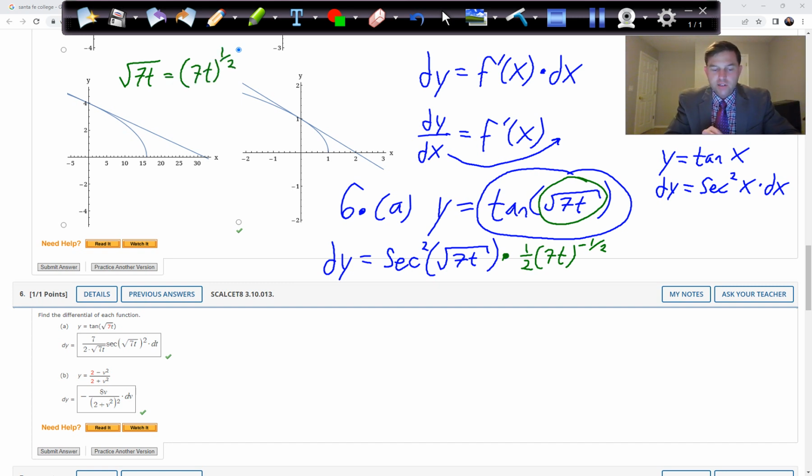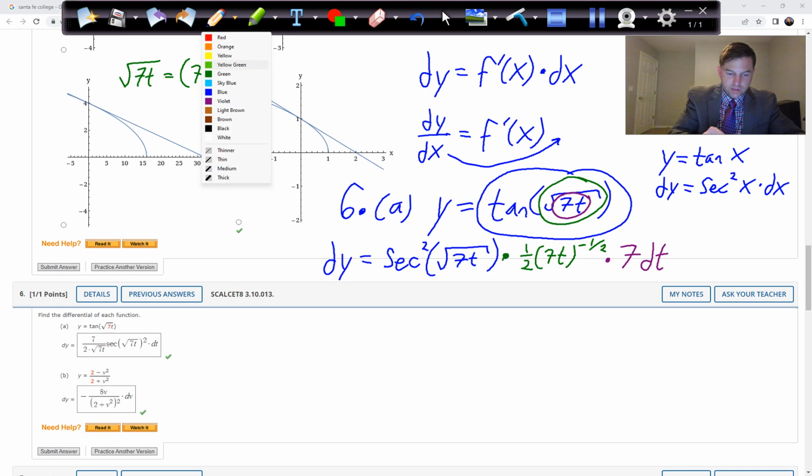The derivative of that is bring the 1/2 down in front like I have, then subtract 1 from the 1/2, which gives you minus 1/2. Then you have to take the derivative of the inside, the derivative of 7t, which would normally be 7. That's how we would have written it before. But now we're not going to just write 7, we're not going to just dump the t. It's going to become dt. Okay, so that is the full chain rule on that problem.